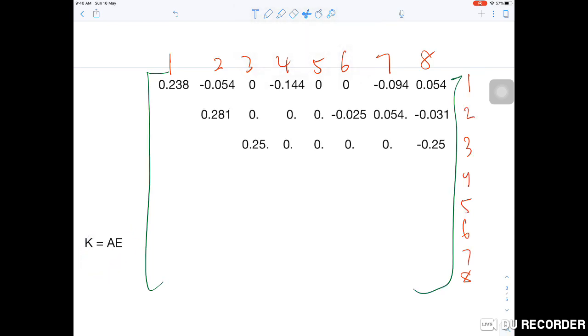So this is actually K, the structure stiffness matrix. I want you to continue until the end of this.